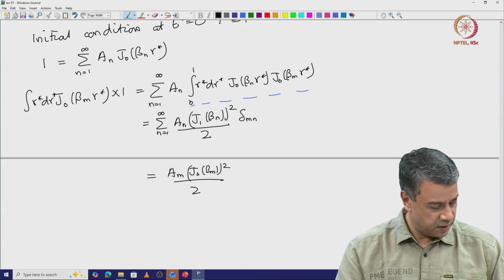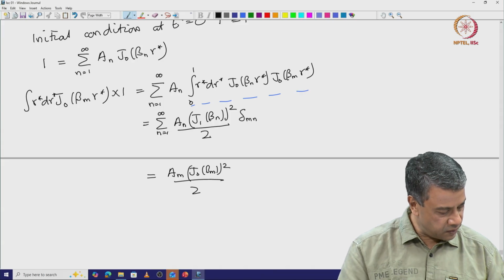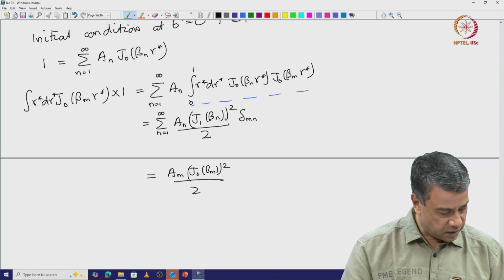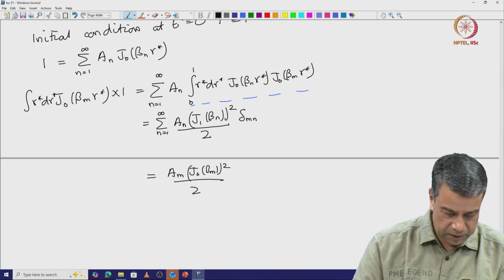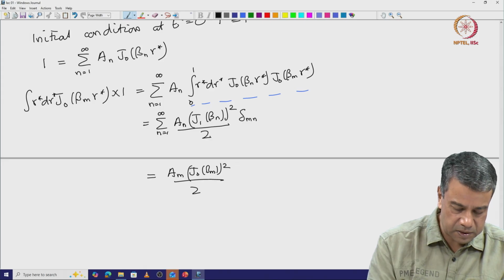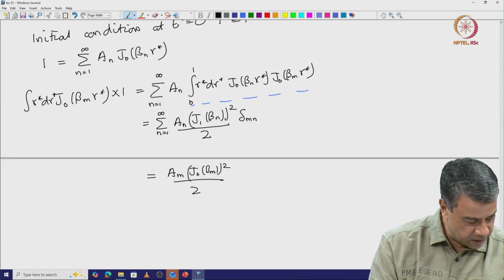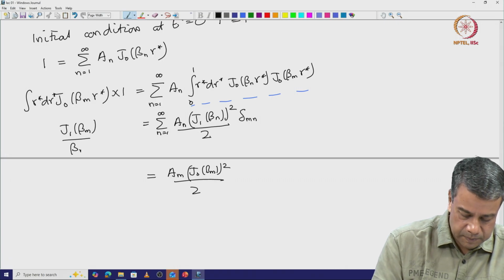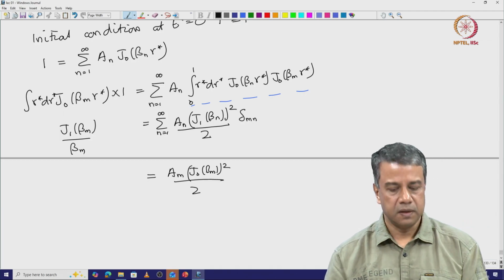And for the left side you have to do the integral. It turns out that if you do the integral r star dr star J naught of beta m r star into 1, this integral turns out to be J1 of beta m by beta m.